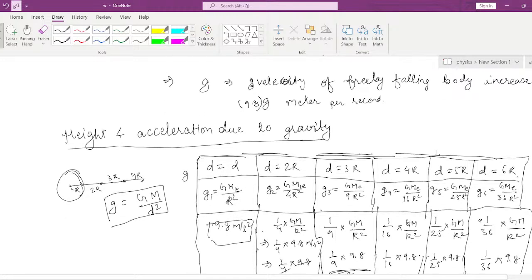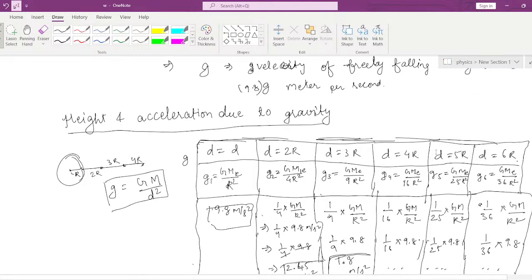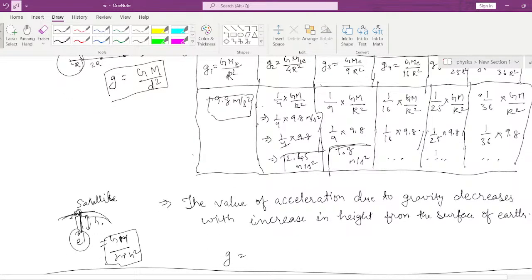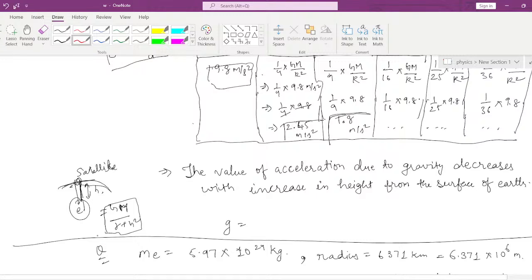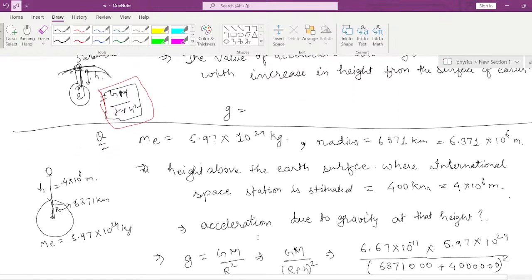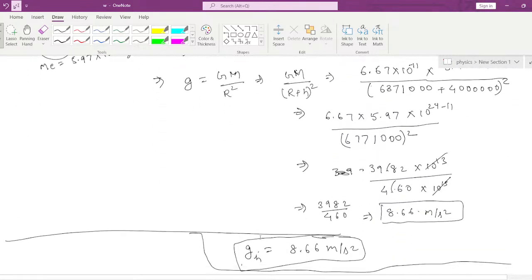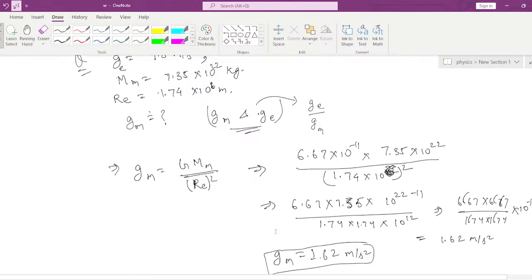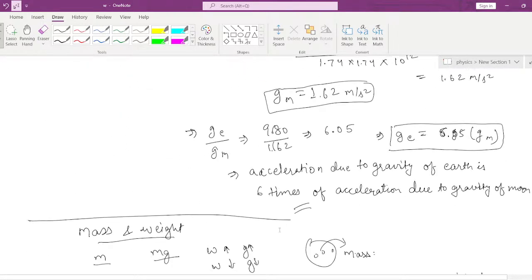We also saw how height is related to acceleration due to gravity. If height increases from the earth, then the formula will change accordingly: GM over (R plus h) whole square. We also did questions with changes in height.